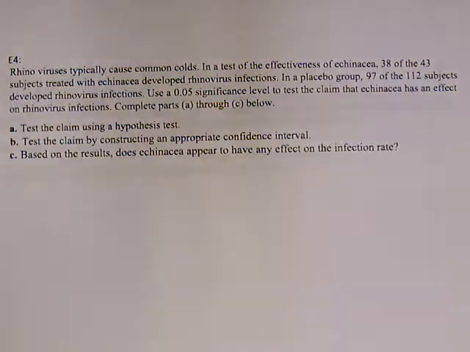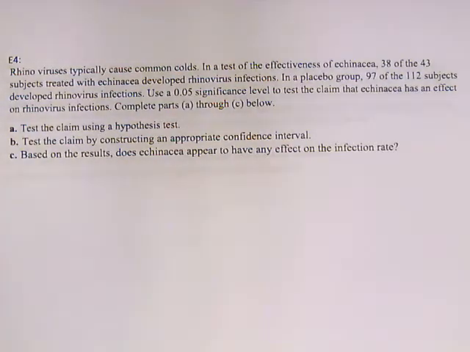In a test of the effectiveness of Echinacea, 38 of the 43 subjects treated with Echinacea developed rhinovirus infections. In a placebo group, 97 of the 112 subjects developed rhinovirus infections. Use a 0.05 significance level to test the claim that Echinacea has an effect on rhinovirus infections. Complete parts A through C below.